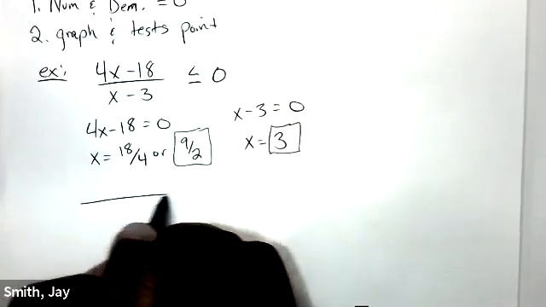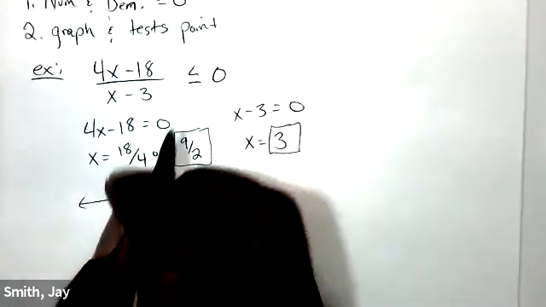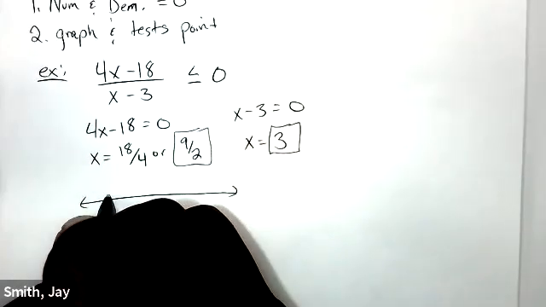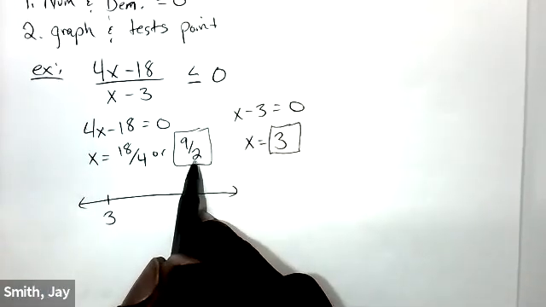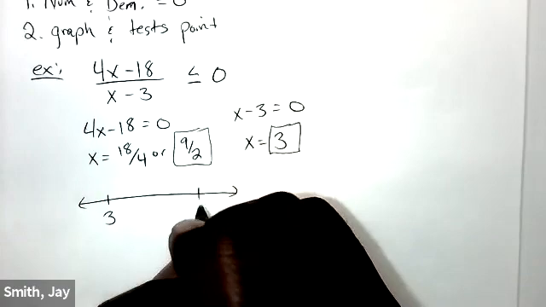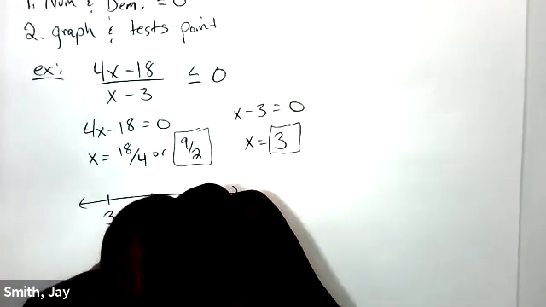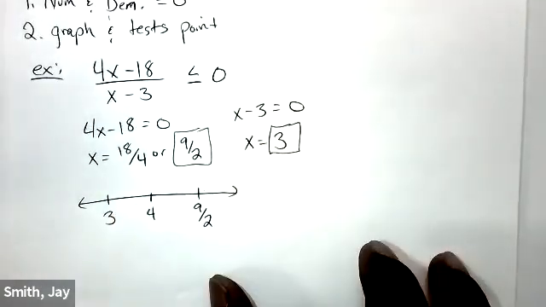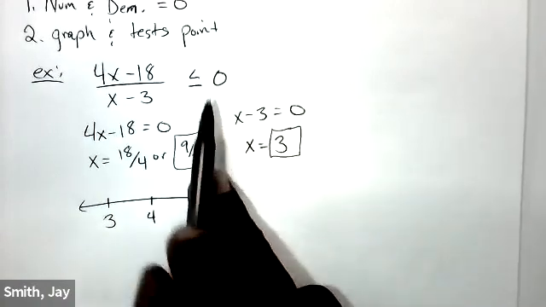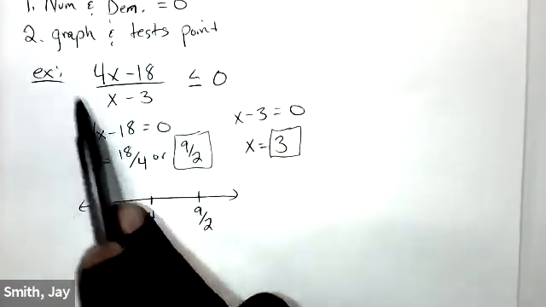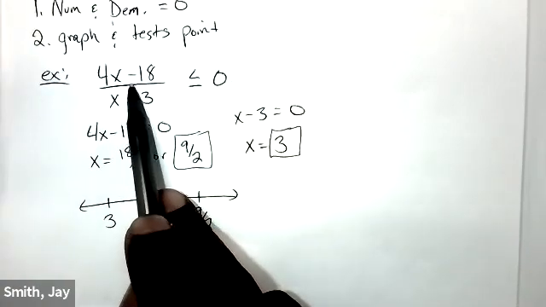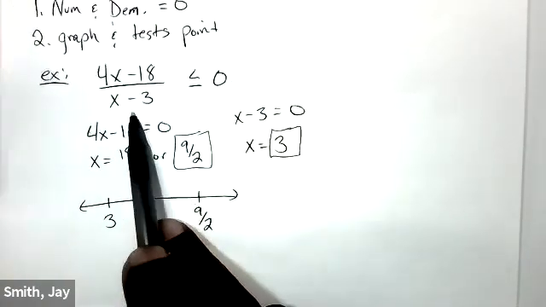All right, so we're going to find those values on the number line. We're going to put our 3 first. Remember, 9/2 is really 4 1/2. So a good number to test in between would be 4. Now, this says less than or equal to 0. The only way we're going to get 0 dealing with a fraction is if my numerator is 0 and we divide by something other than 0.